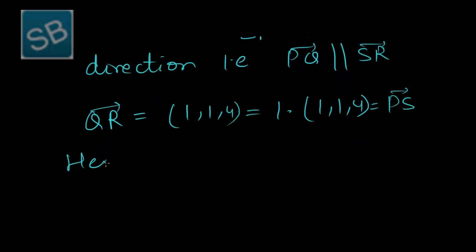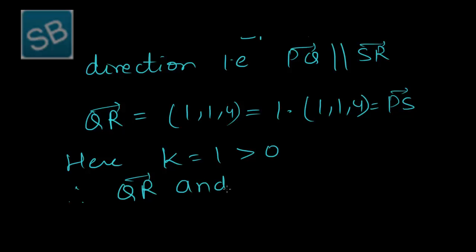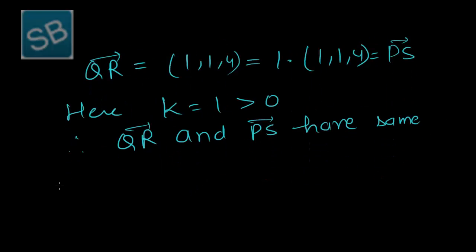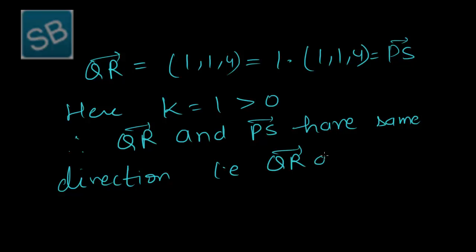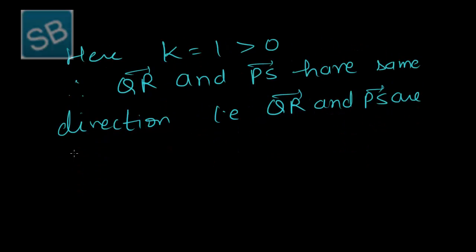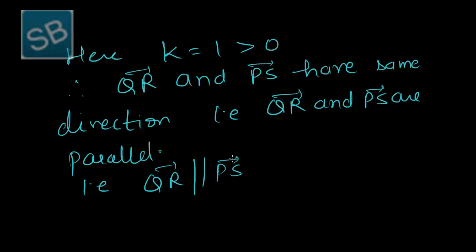Here again k is equal to 1, which is greater than 0. Therefore, vector QR and PS have the same direction. That is, vector QR and PS are parallel. That is, vector QR is parallel to vector PS.